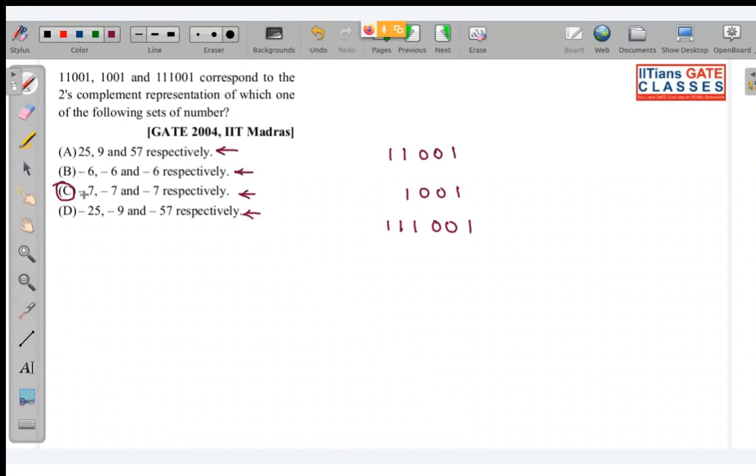Why? Because you can see negative numbers. So don't think that this is your normal 2's complement number. These are represented in sign magnitude representation due to the fact that you can see -6, -7, -25, -9, -57 is given. So now if this is in sign magnitude representation, you should know that the leftmost bit is your sign bit.